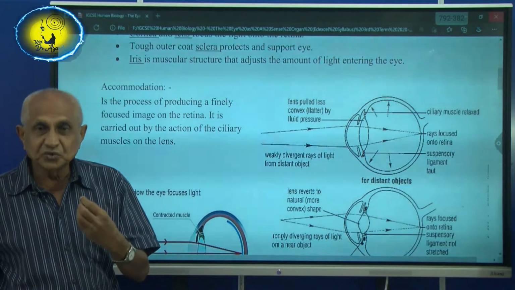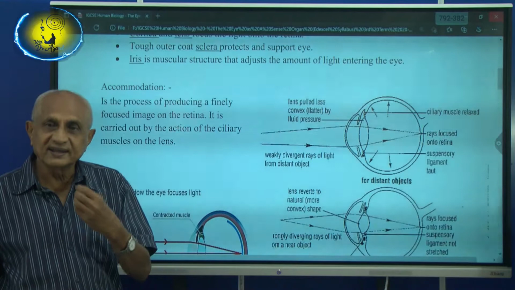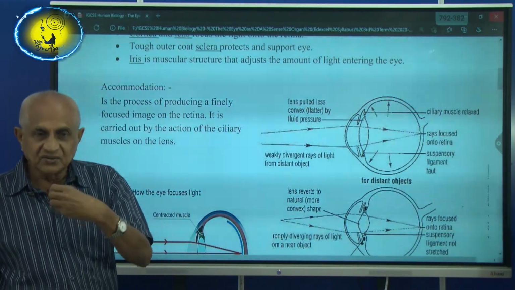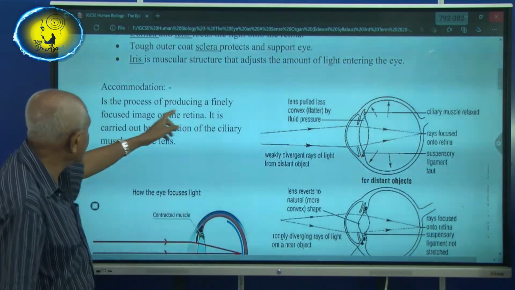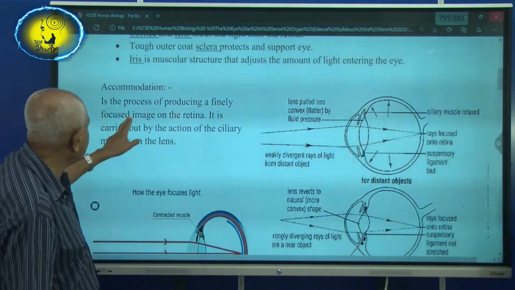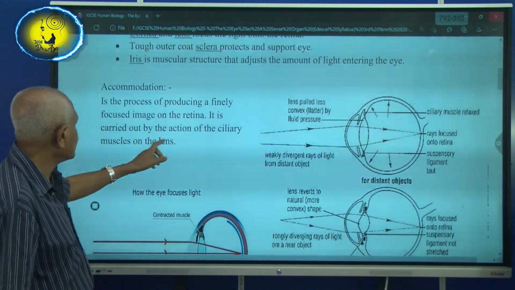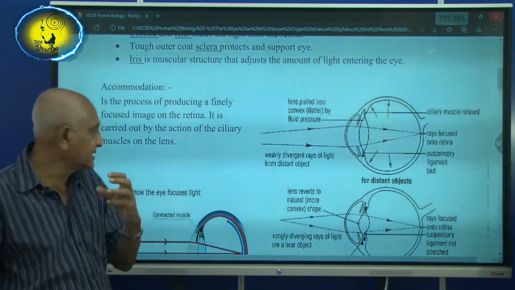But you should be able to see clearly, whether you are looking at an object which is far or which is very close. Accommodation is the process of producing a finely focused image on the retina. It is carried out by the action of the ciliary muscles of the lens.